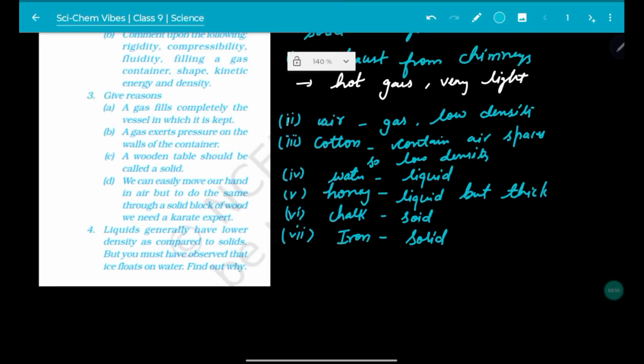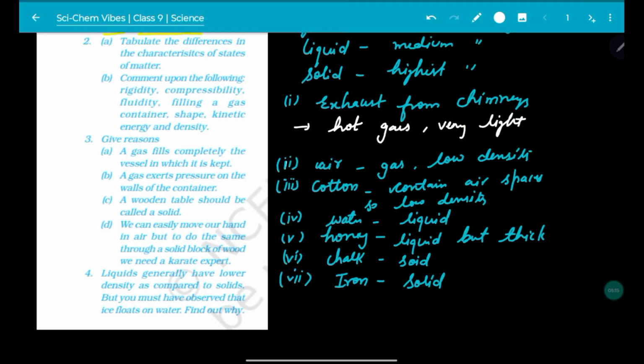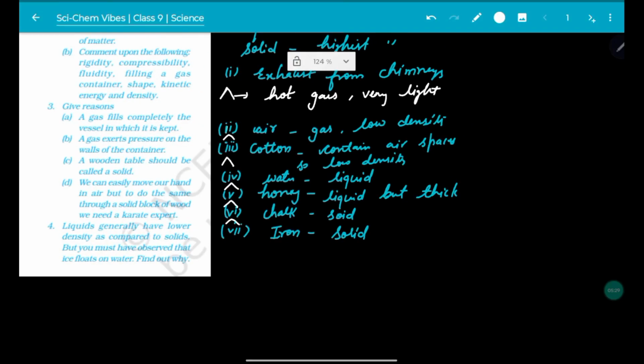So exhaust from chimneys has very low density. Number 2, air. Number 3, cotton. Number 4, water. Next, honey. Next, chalk. And next, iron. That means the highest density is iron, and the lowest density is exhaust from chimneys, and the reason is also explained here.